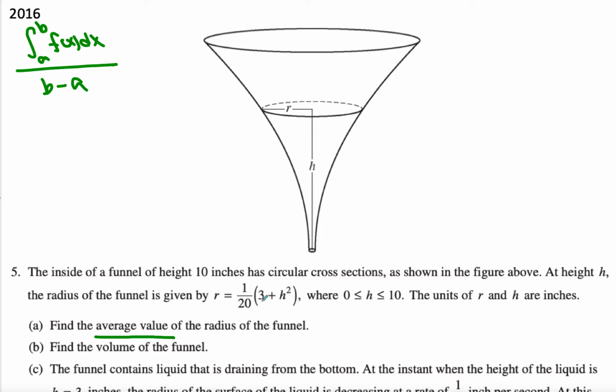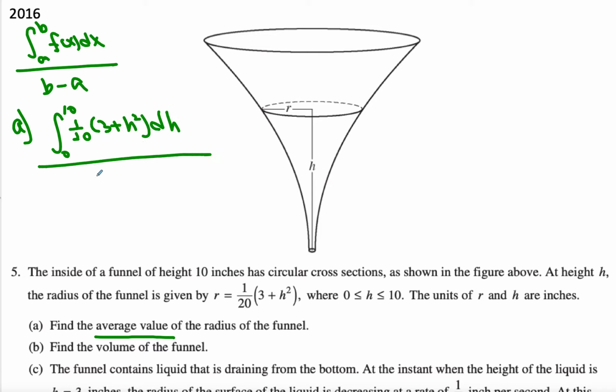In this case, since h goes from 0 through 10, we have the integral from 0 to 10 of 1 over 20 times (3 plus h squared) dh, all over 10 minus 0.